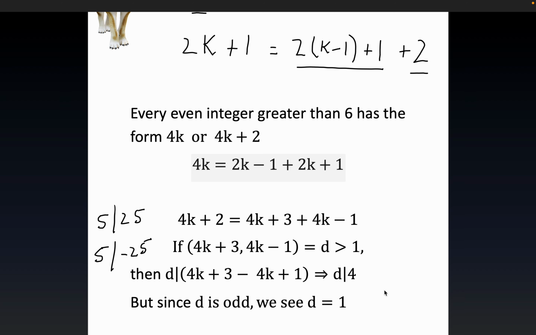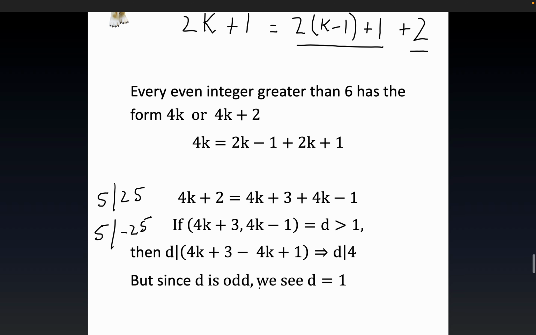So the only odd number that could divide 4 would be 1, right? Okay, so you see we get a contradiction here. D does have to be equal to 1. Now this is just probably something I could have proved for consecutive odds that are separated by 4. You could make that a lemma if you wanted, and we actually just did a mini proof. Well, a comprehensive proof, I would say.